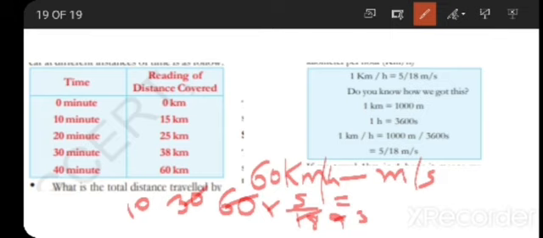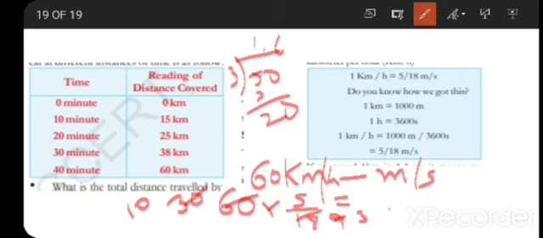So here you got 50 by 3. 50 by 3 if you do, you will get 16.6 meter per second.